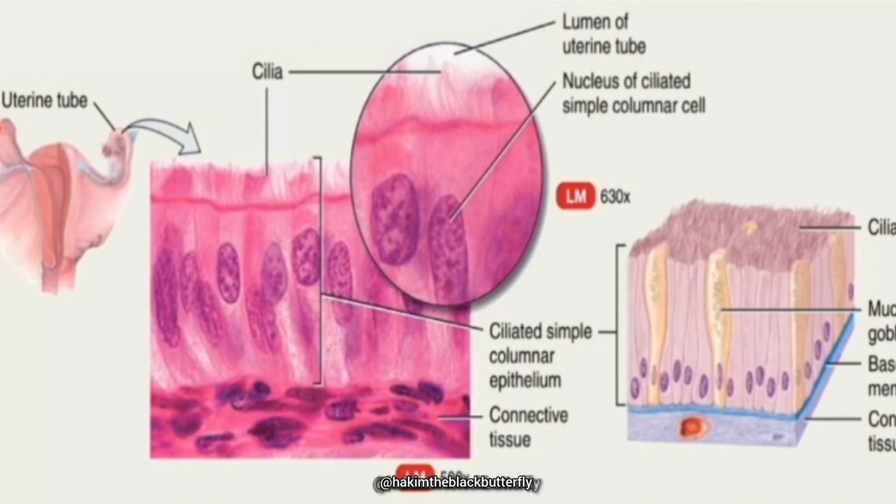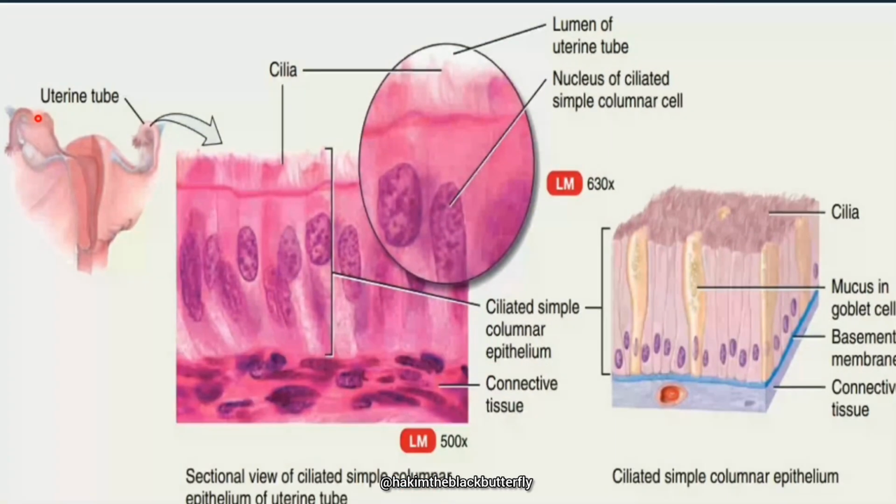The ovum is moved to the site of fertilization, and the movement of the zygote towards the uterus for implantation is aided by this epithelium. These surface modifications help in the movement of those structures.